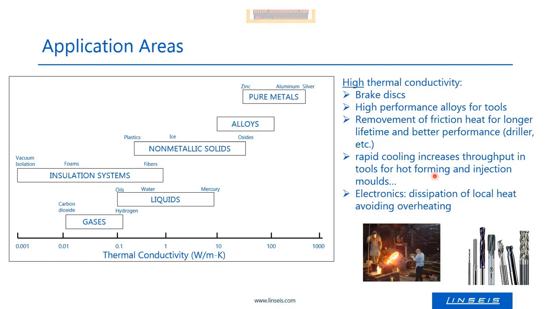The fast heat transport is also an issue here. In electronics, you are also looking for good conductors to remove the heat of the CPU or graphical chips or so. And for these applications, thermal conductivity between 10 and 1000, something like that, needs to be measured.